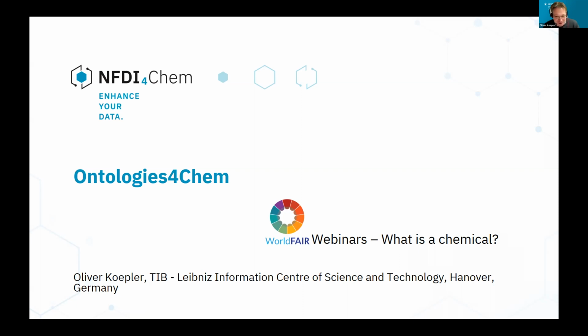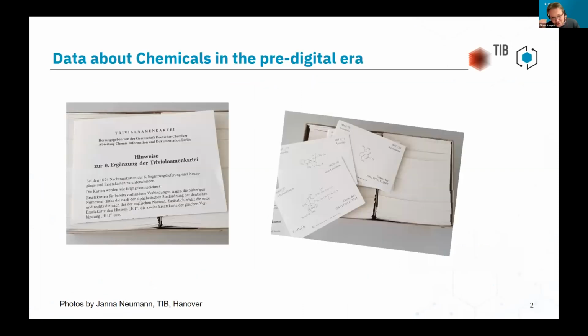And before I continue with the latest achievements in the digital world, I would love to share some photos of a recent discovery in the archives of TIB. A few days ago, a colleague found this amazing card collection of 1,000 cards of trivial names for chemicals, published by the German Chemical Society in 1979.